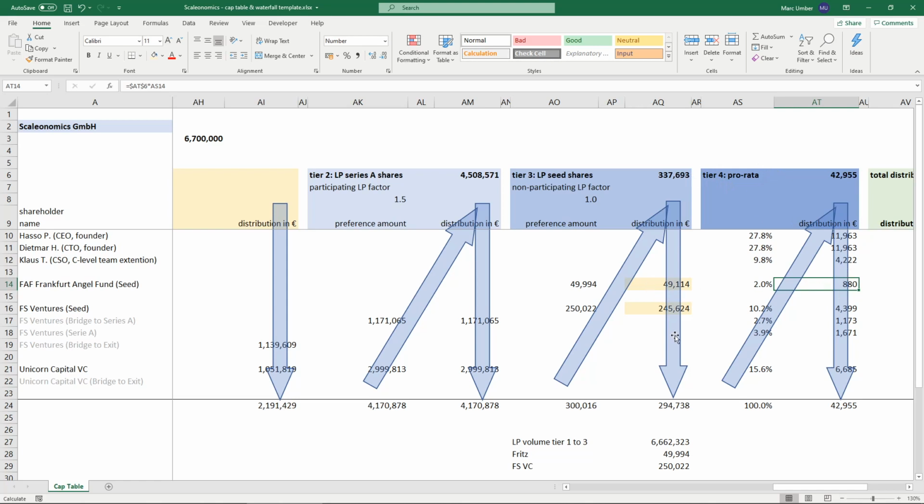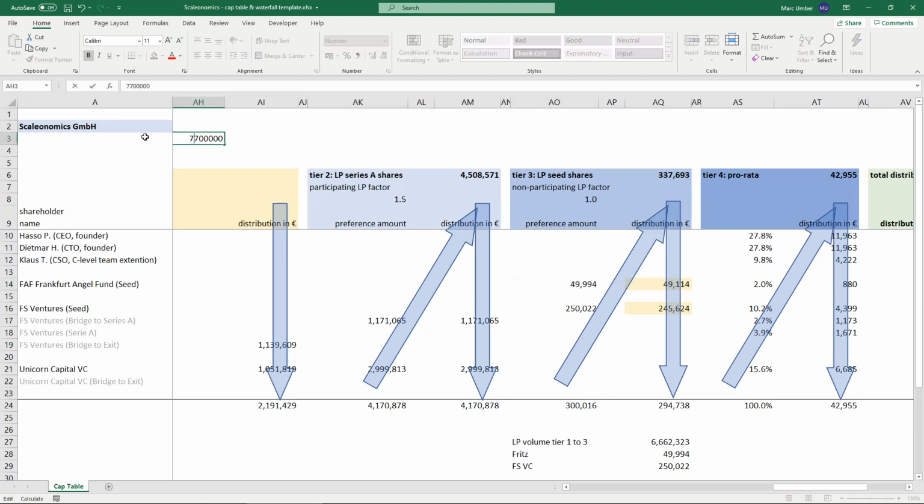And we see that the sum of the tier 3 and the tier 4 for Fritz Müller will always be equal to his preference amount of the seed shares until we reach the next tipping point where every euro on this non-participating liquidation preference has been offset.